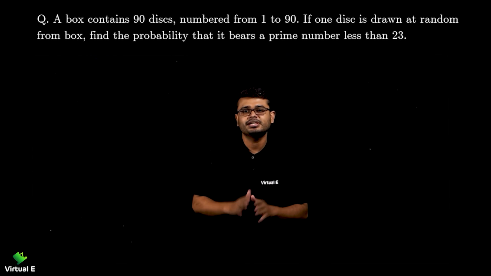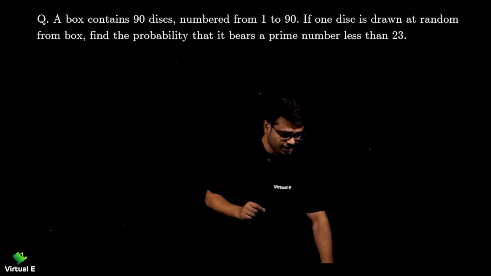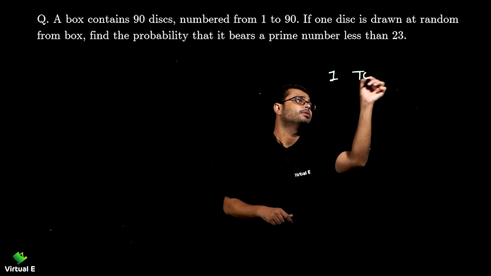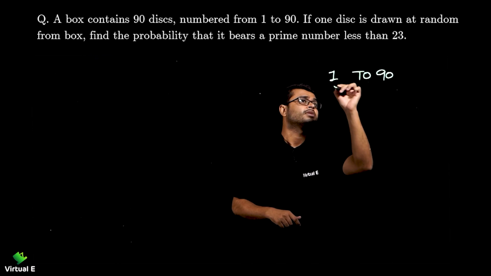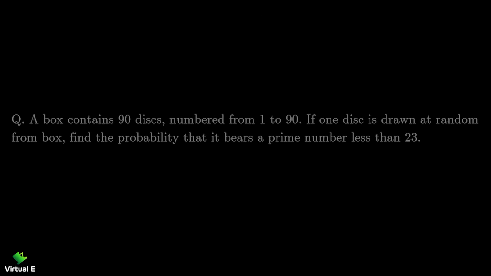Let's do one more question related to numbers only. Let's read the question. A box contains 90 discs. Okay, so there is a disc, circular one, numbered from 1 to 90. Okay, so here we are going to take 1 to 90 numbers. So far we have taken 30 and previously I think 20 as well. What we need to find?